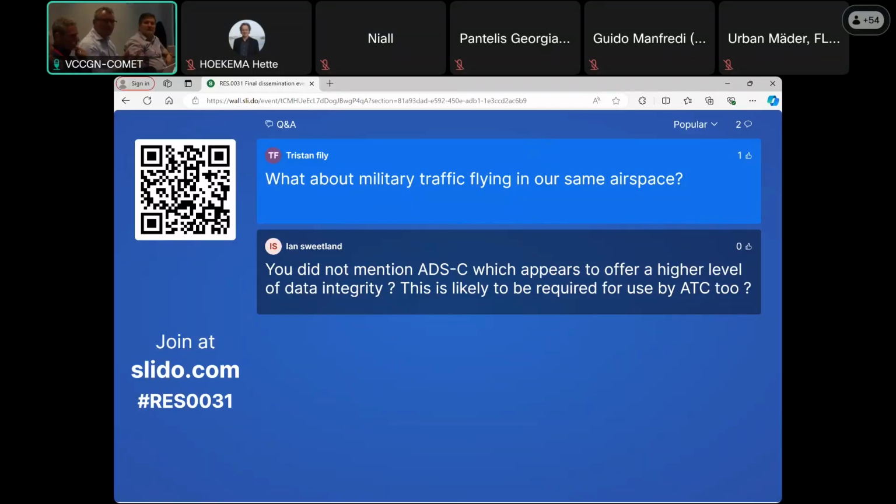So it's twofold. We cannot expect military traffic to be always visible. We have to accept the fact that they are operating in the airspace, and sometimes the nature of operation requires non-conspicuity. But we may be more protected by being conspicuous, and some of the military traffic will probably be conspicuous also to us.